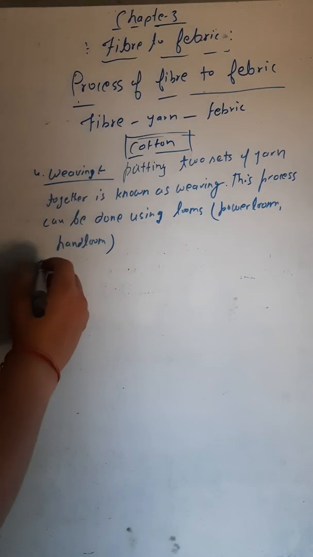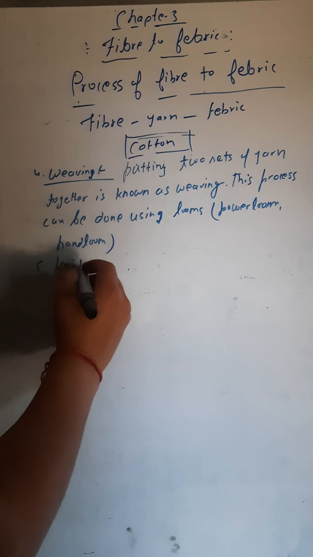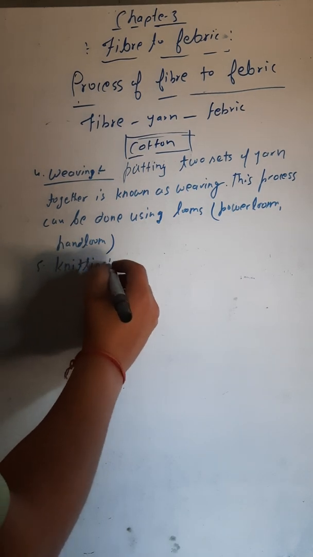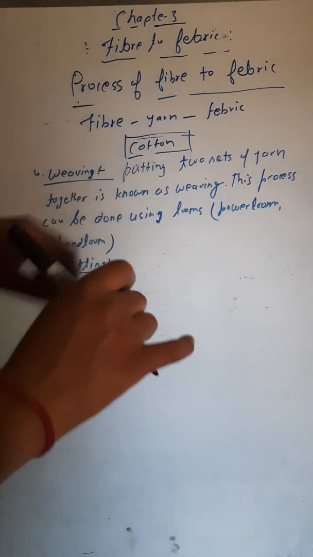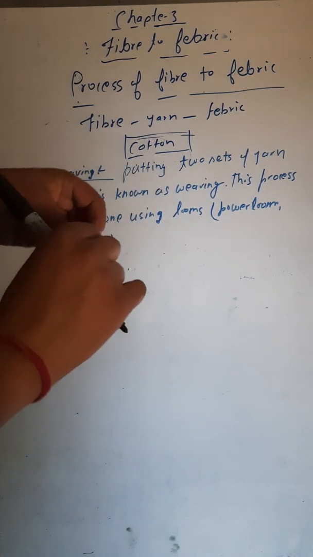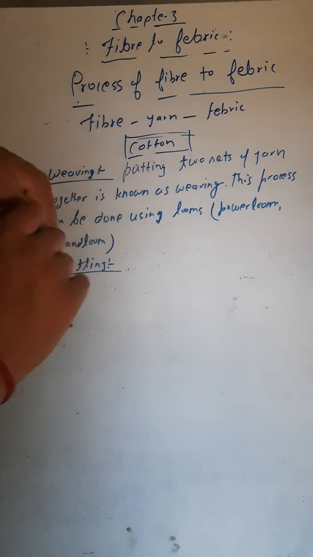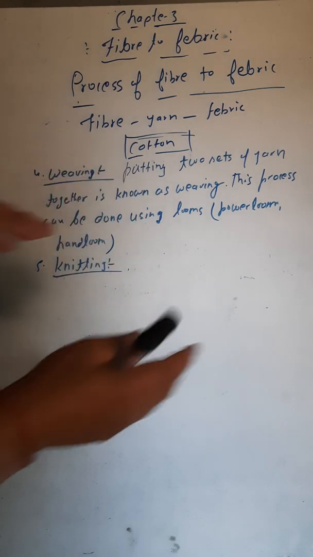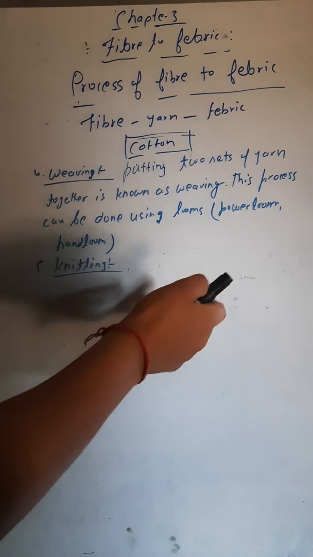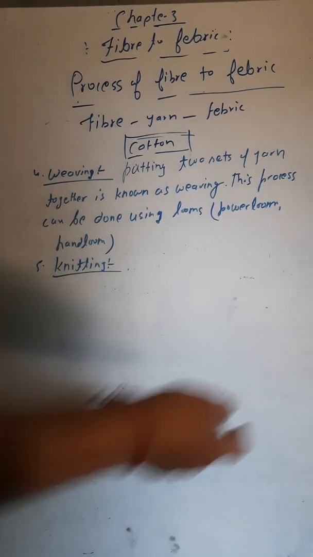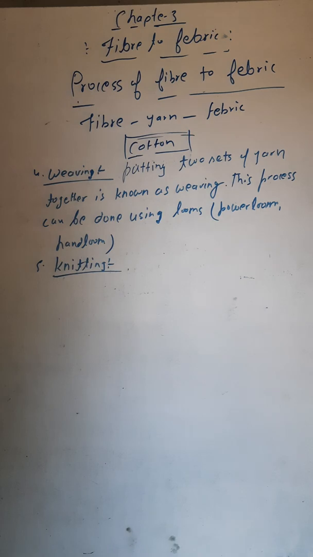Okay, then later comes the process, that is the fifth one, that is knitting. Knitting means we take a single yarn, and then with the help of that single yarn, we just keep knitting, we make a cloth using the single yarn. Okay, so when you pull out this single yarn, the whole cloth, the whole fabric will be dispersed.